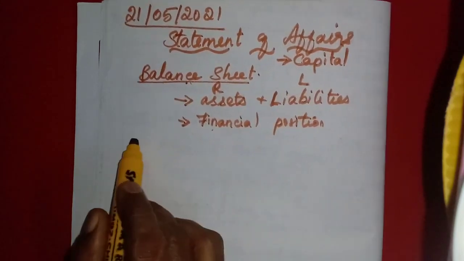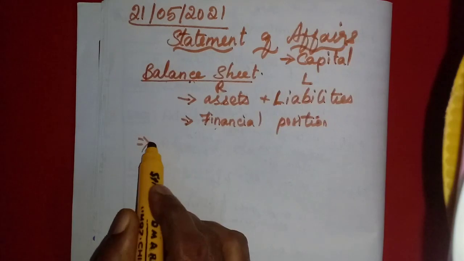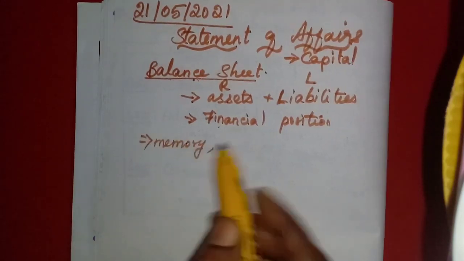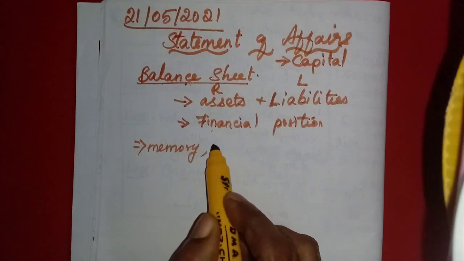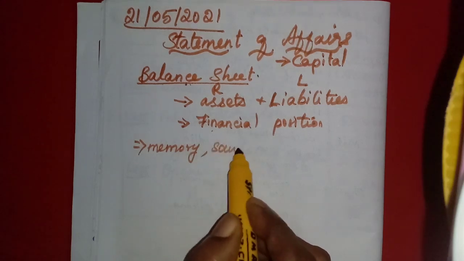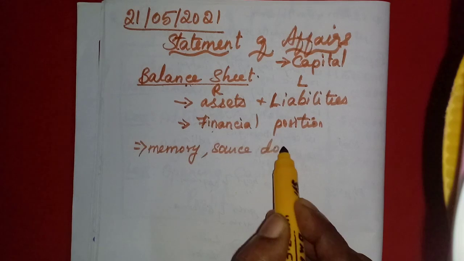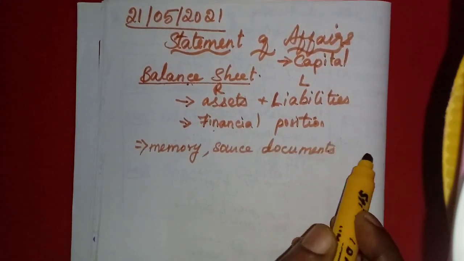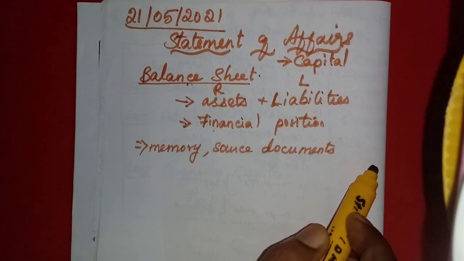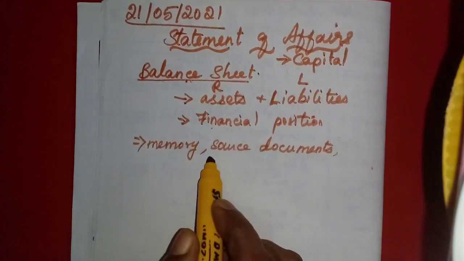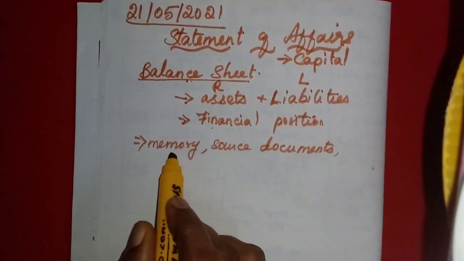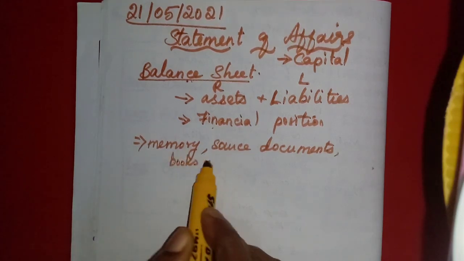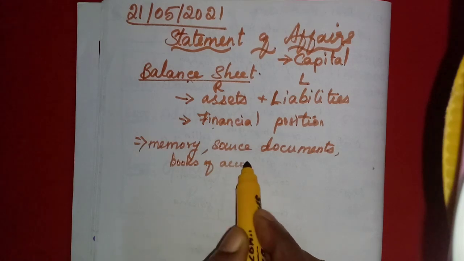Here they get them either from their memory, some items from their memory, or some items from the source documents, when they purchase something. For example, land they will get from the source documents. And some from the books of accounts they maintain.